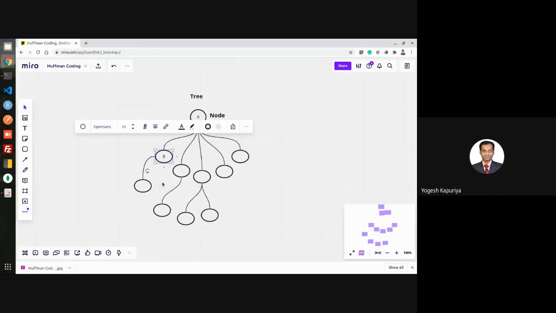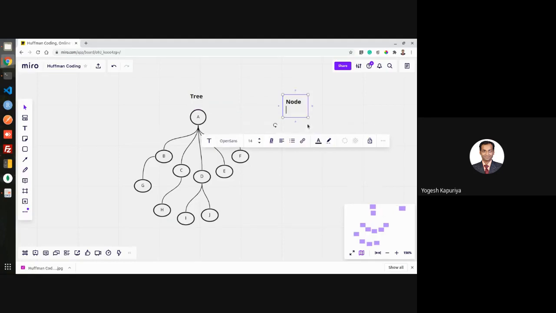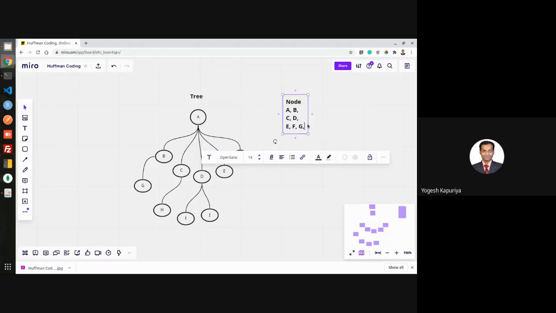And every node has some data part. So let us say this is my data part. If I see what the nodes are in case of this tree: A, B, C, D, E, F, G, H, I, J. All these are nodes.